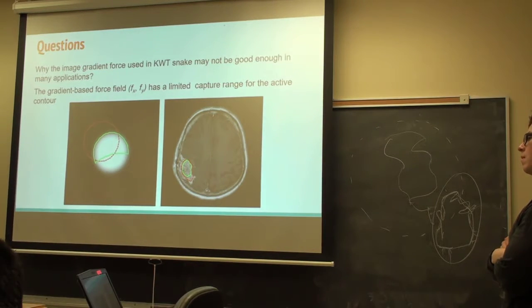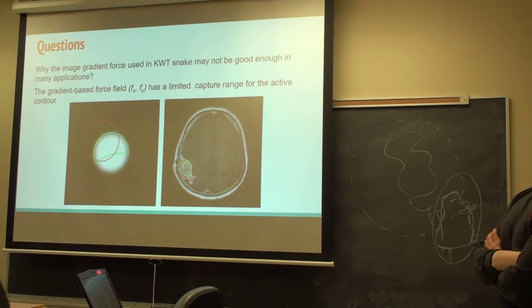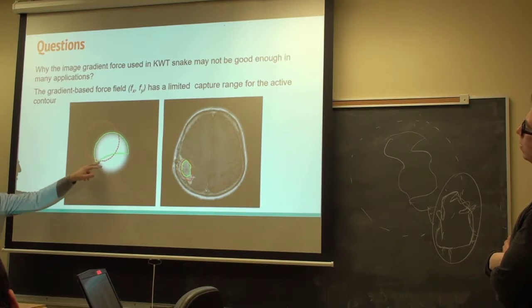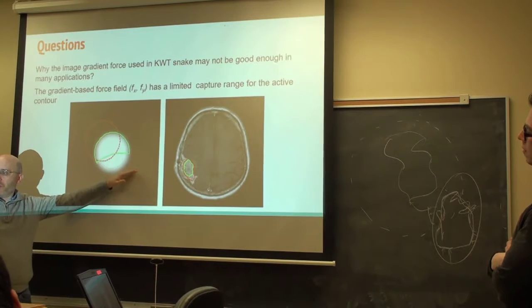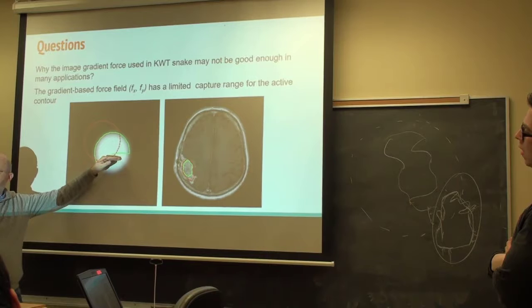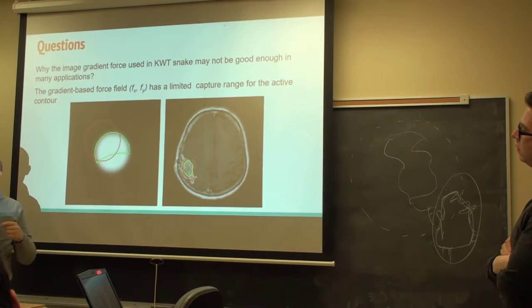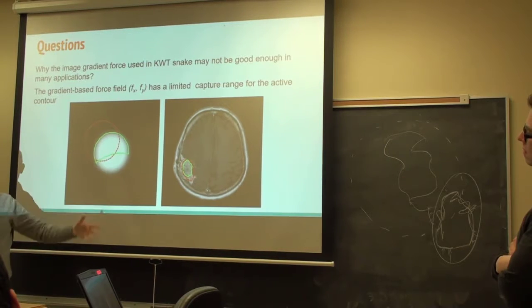You also have GVF and all kinds of other approaches to resolve this and to move that field farther away. So for example, you can take the gradient field here, which is available only around the boundary, right? If you go a little bit farther here or a little bit farther inside, there is no field at all. I mean, nothing is pulling or pushing in any direction from the edge because it's all flat.